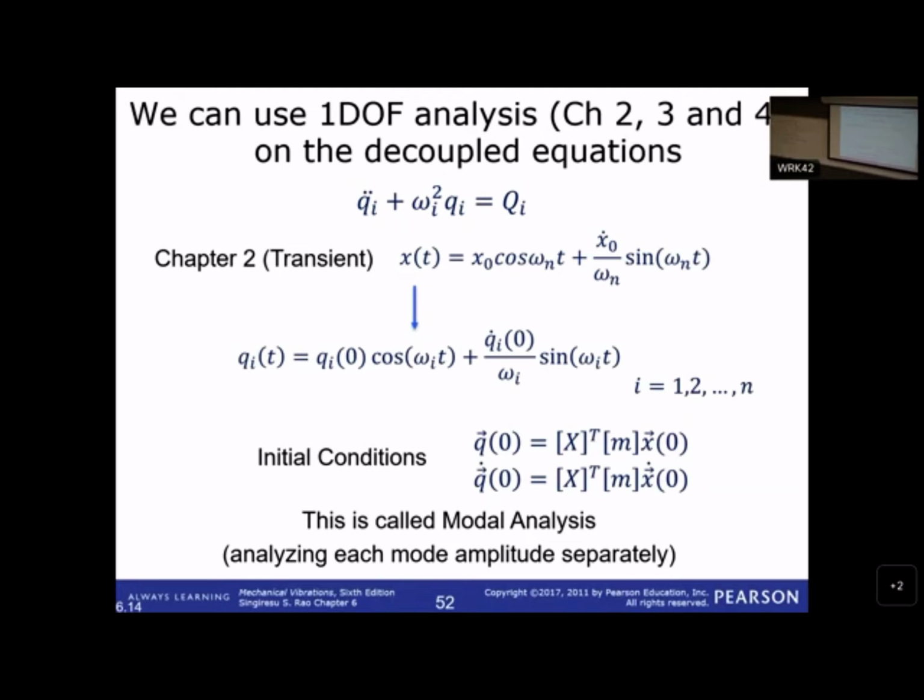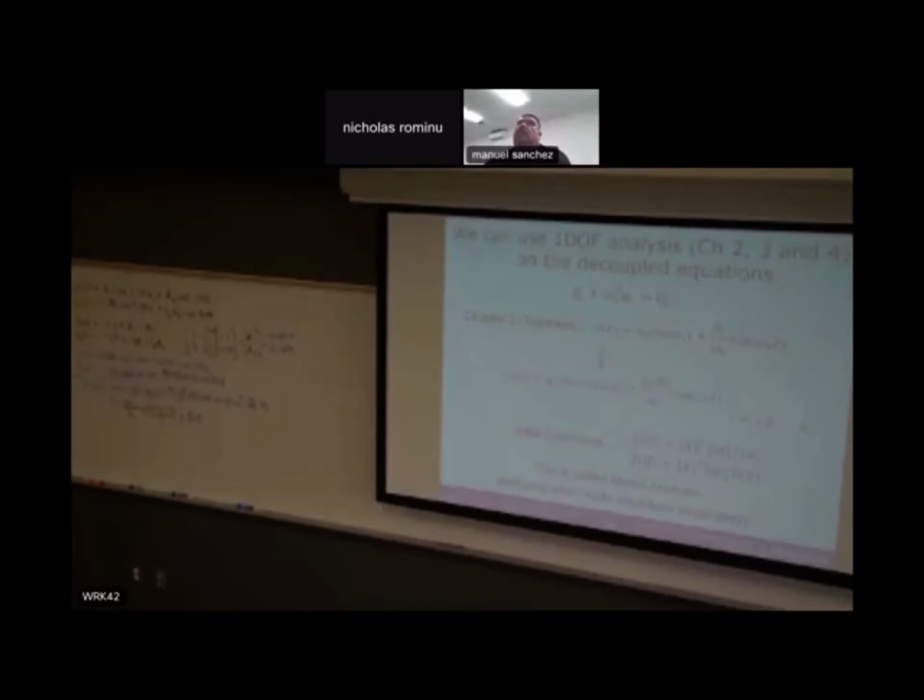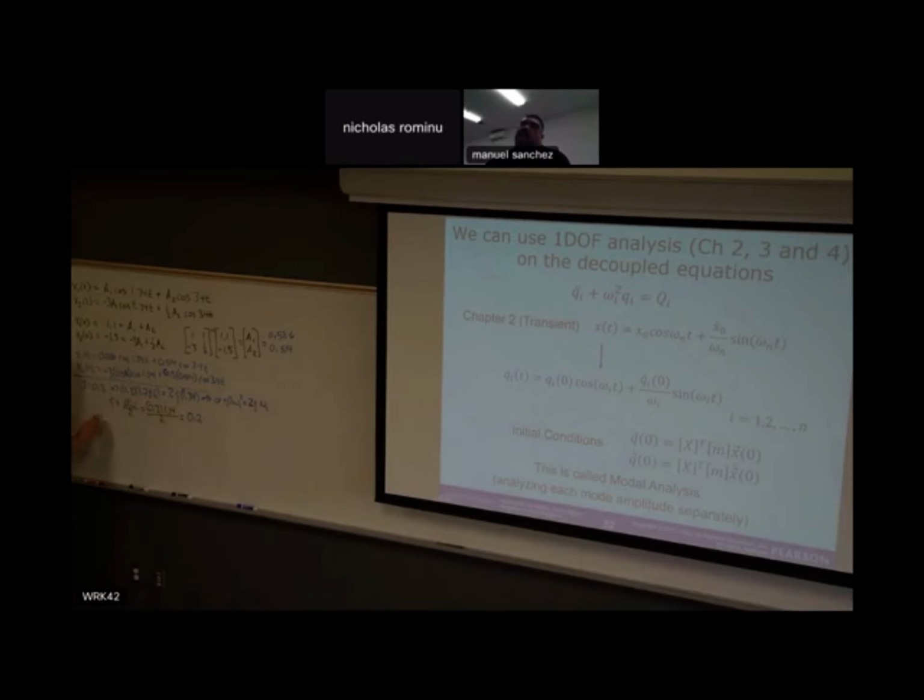So Q0 is our mode shape transpose, which is 1 over the square root of 42, normalized, times 1 minus 3, times our mass matrix.